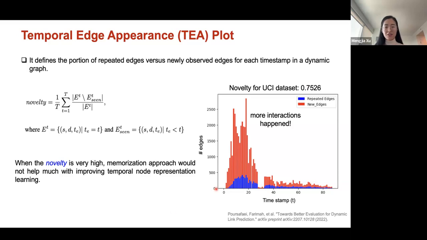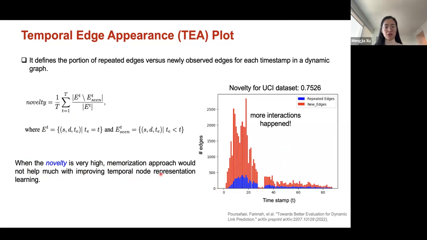Because of this T-plot and also the novelty metric, we can easily capture the temporal dynamics within the dynamic graph. Another important point is that when the novelty is very high, the memorization approach would not help much with improving temporal node representation learning.